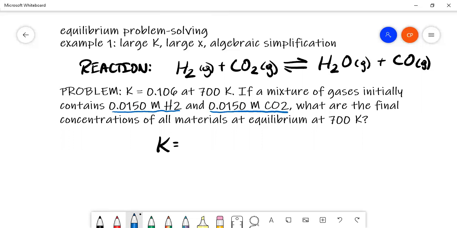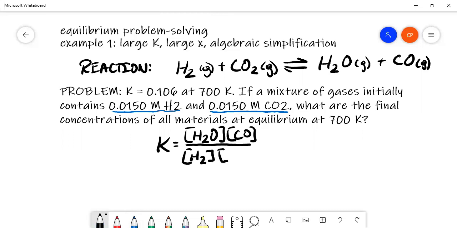We'll have to deal with some distinctions, but most have this type of one-to-one stoichiometry that makes the writing of the products' concentrations over the reactants' concentrations pretty doggone straightforward. And it's that expression that is equal to 0.106 at 700 Kelvin.